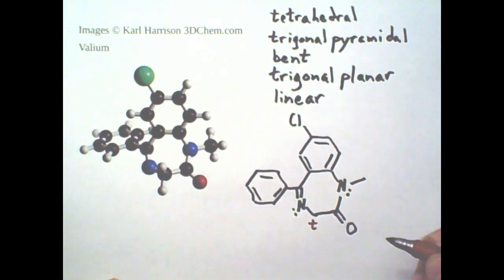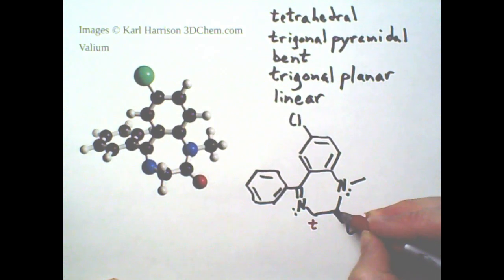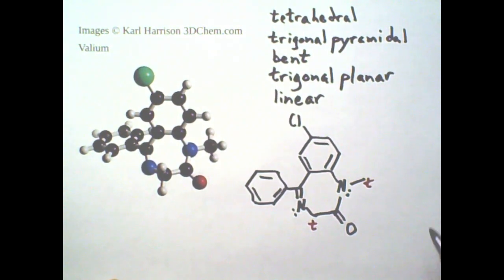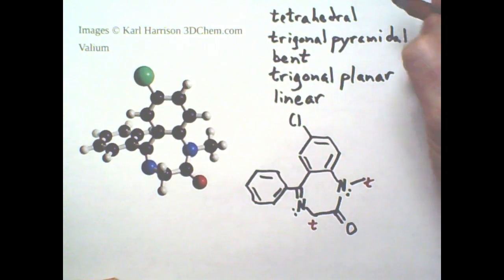That one's going to be tetrahedral. This has three. 1, 2, 3. This carbon out here with its three hydrogens, that one's going to be tetrahedral. So we've only found two carbons in this whole thing that are tetrahedral.